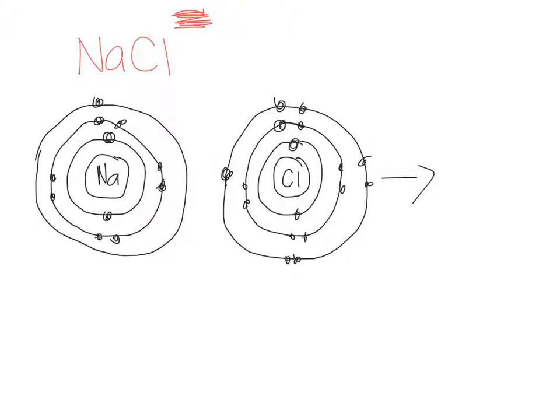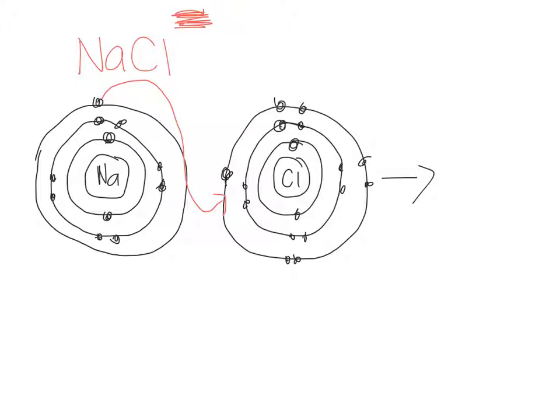All right, so what you're going to do now is you can see that sodium's got one valence electron and it wants to form an ion, so it wants to give it up. So what you do is you show an arrow. That electron is going to go over here.